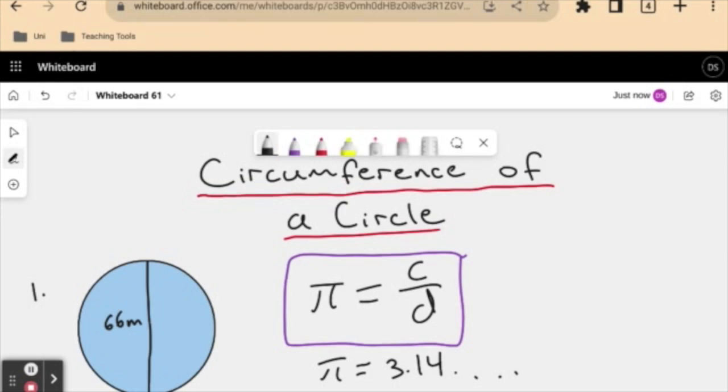Now, we are going to take these two bits of information we've learned and start working through finding the circumference of a circle using this relationship here to start to work through some actual problems. Now, I'm going to move this over here.